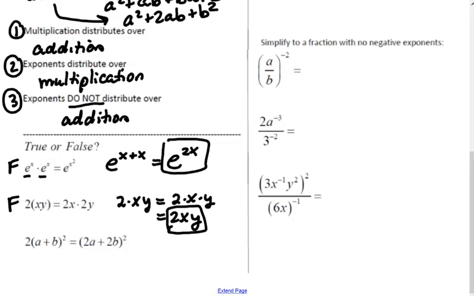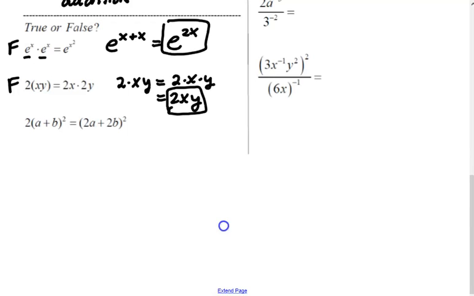The third one is the trickiest of the 3, but it is also false. The reason it's false is because we have this exponent here. If the exponent were not here, then we could say 2a plus 2b. But because the exponent is here, we have to start with the highest ranking operation first, which is exponents, and apply that first.